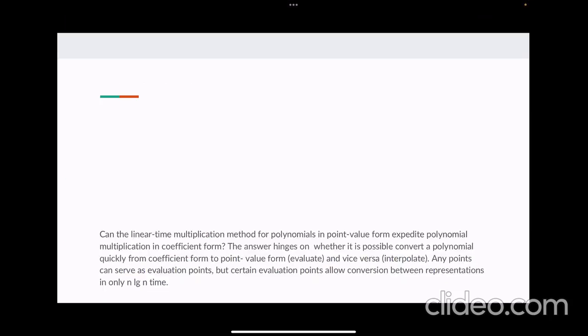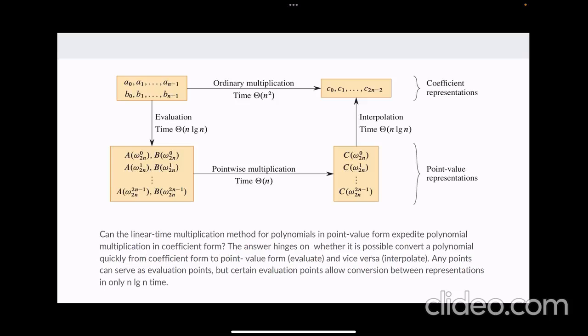So, let me show you a quick diagram which will help us really visualize this. I have my two arrays A and B, or my two polynomials A and B. When I do ordinary multiplication, my time is theta of n square, as we've already seen in the naive convolution.